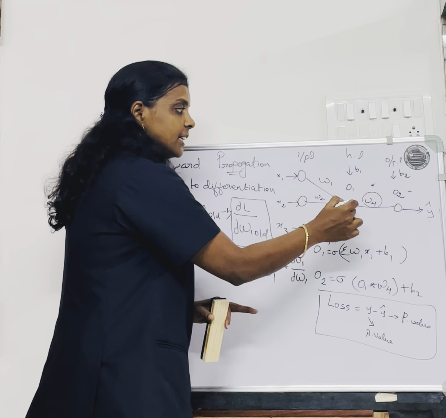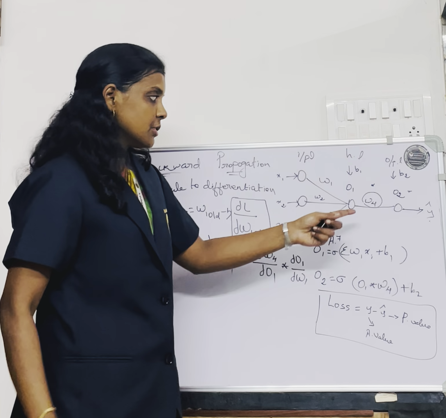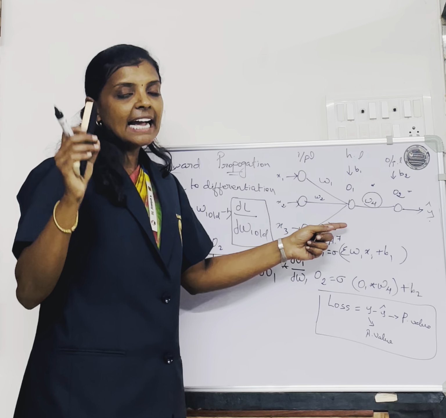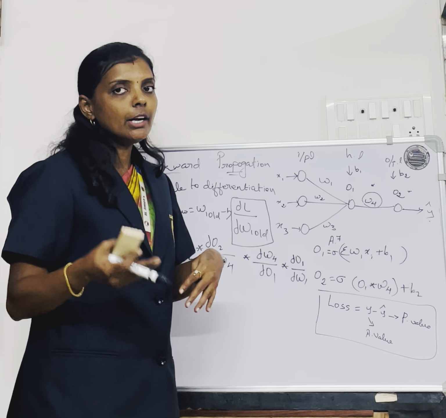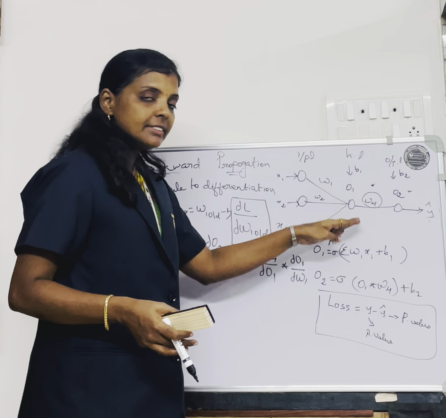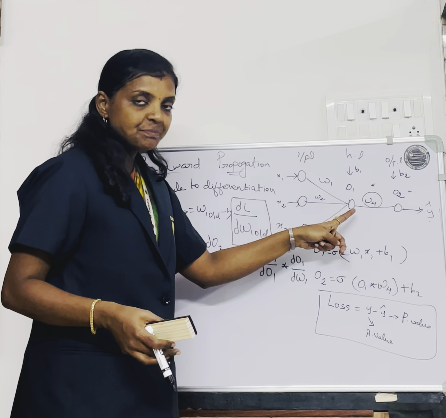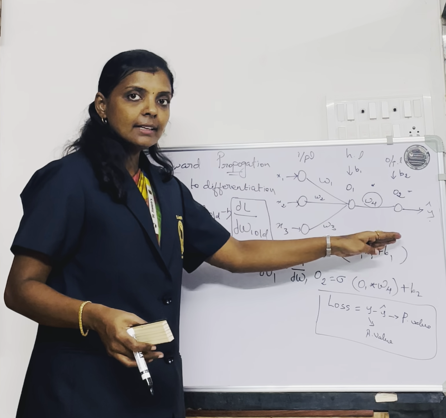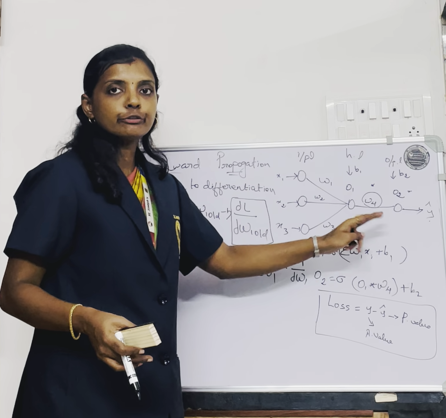Then we have to apply an activation function, whether sigmoid or ReLU, on each and every neuron in the hidden layer. After getting this output 1, this information passes through the output layer through the weight W4.